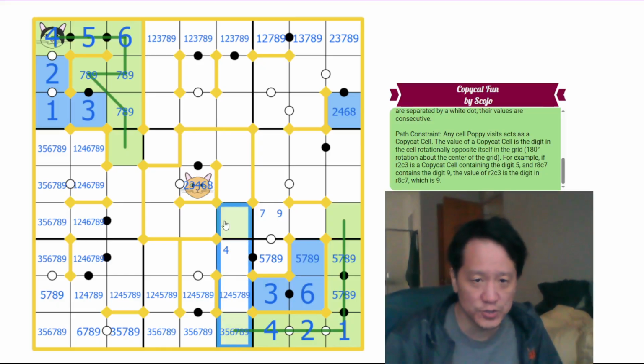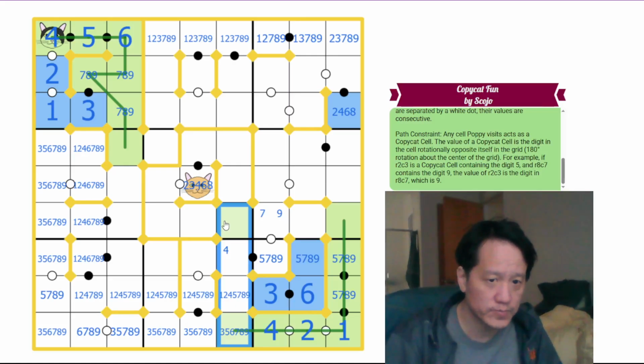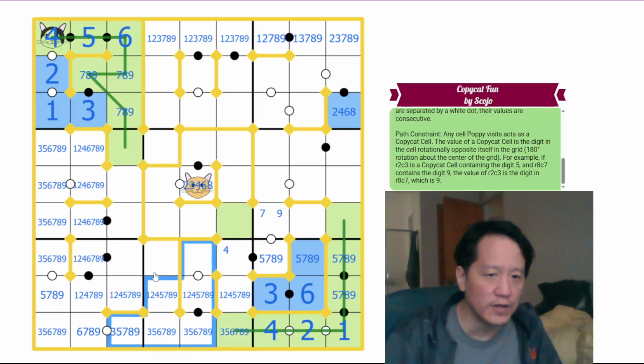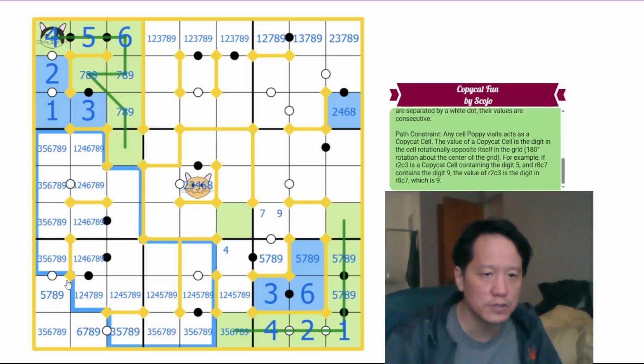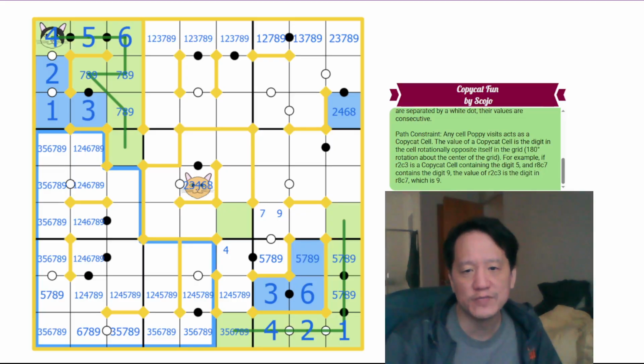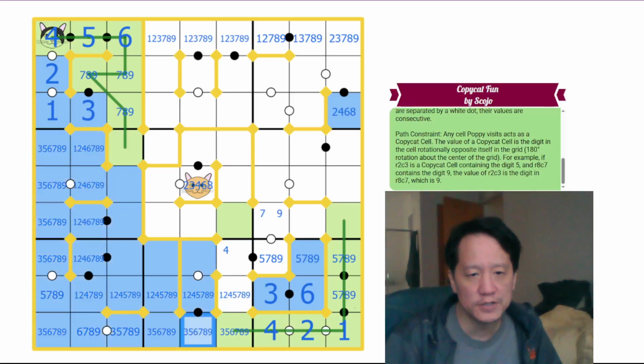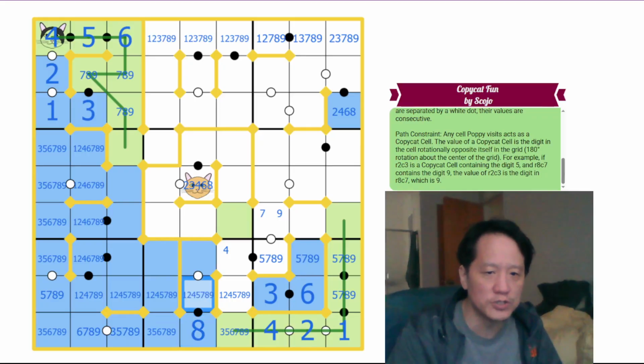If this goes straight there, then all of these are not Copycat. That's interesting. So what happens if that's the case? Then this would have to be 8 in a 1-to-2 ratio with 4, which would be in a 1-to-2 ratio with 3 or 5.